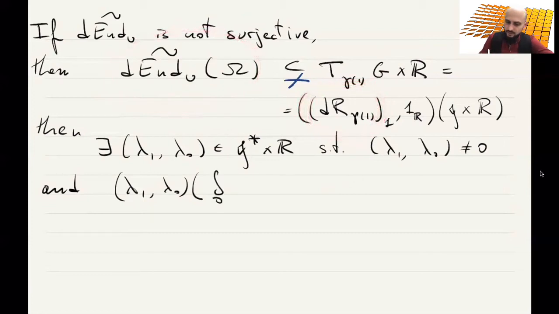So integrating between 0 and 1 of gamma v comma the scalar product of u and v, this is equal to 0 for all v in omega.